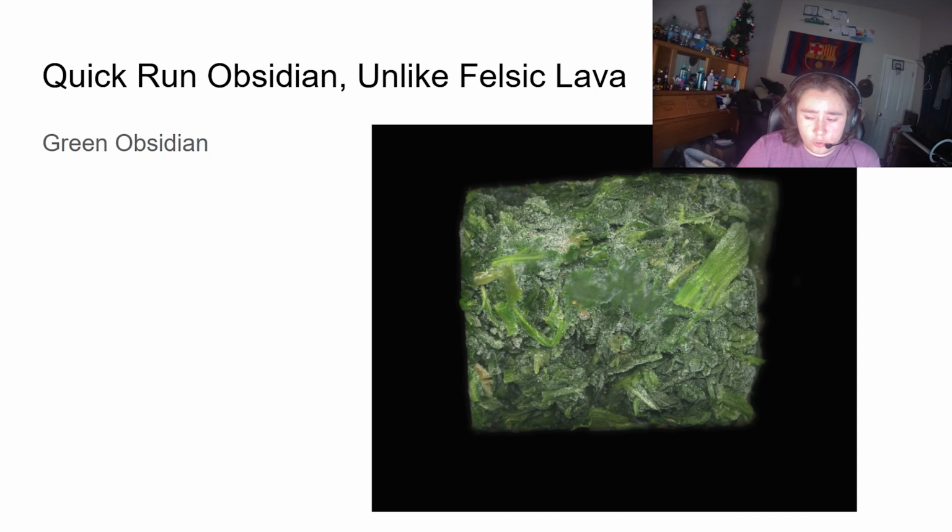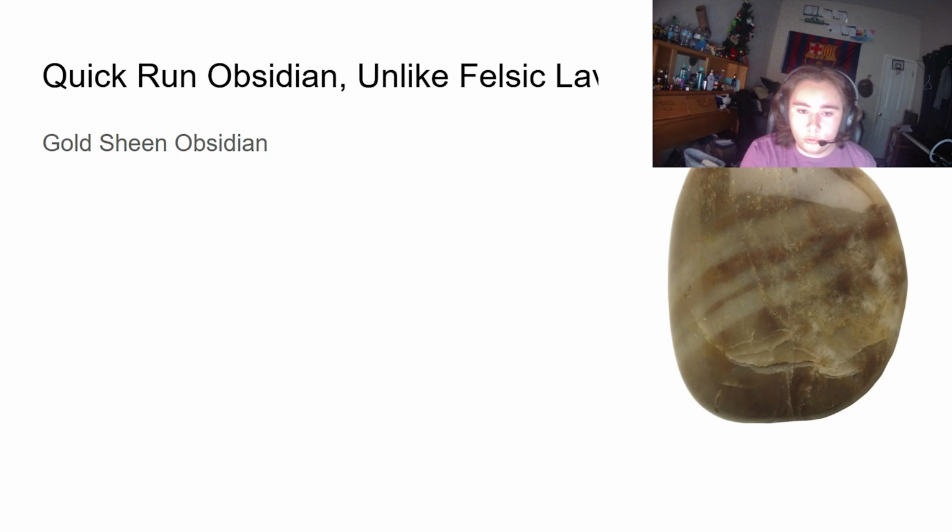This one is formed with the inclusions of iron and chromium. Its notable locations are areas of volcanic activity in the United States, such as Oregon and California, and then there's Mexico, Guatemala, and Iceland. The next one is going to be our gold sheen obsidian. Why is it cut off there?